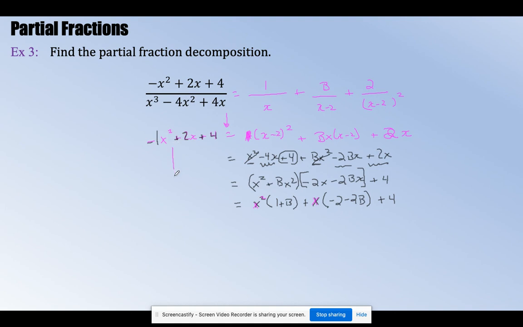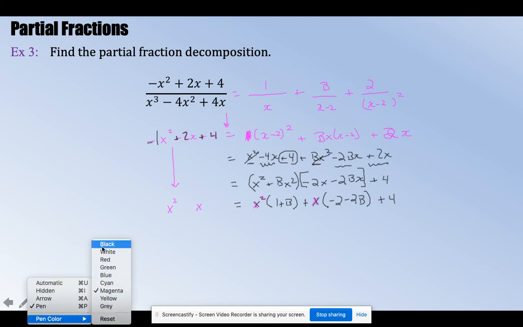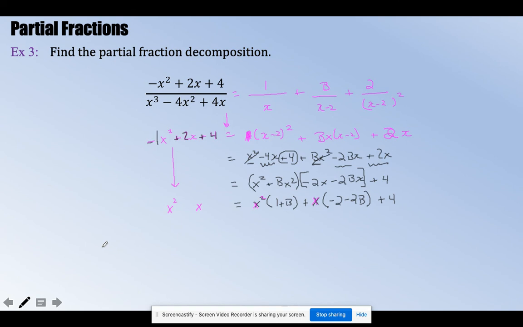And again, I'm going to bring down what I have here. Negative 1 is the coefficient on x squared. Positive 2 is the coefficient on x, and my constant is plus 4, and these two things on the left and the right are the same.